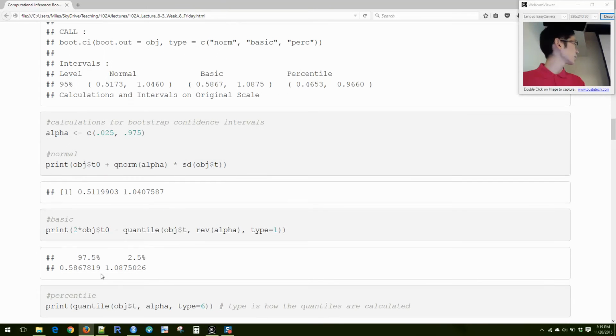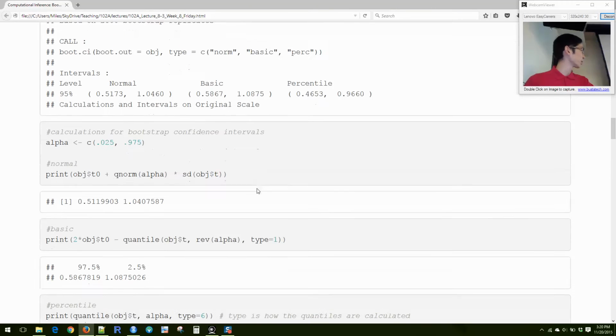Okay, but the basic confidence interval is where we're taking the estimated theta hat, and we double it, and then we're subtracting off the quantiles that we get from our Bootstrap intervals.